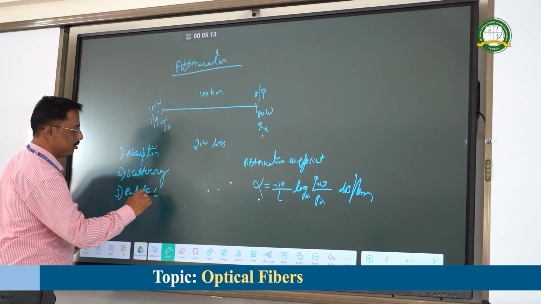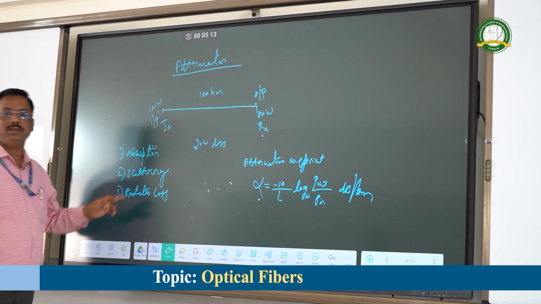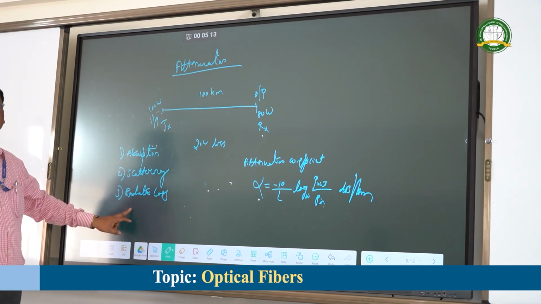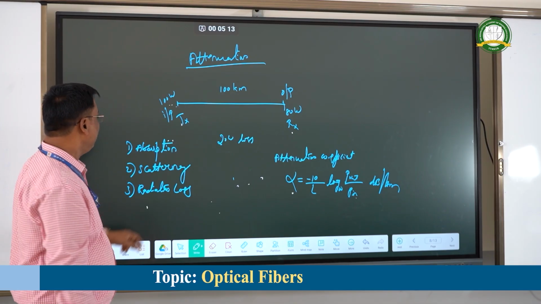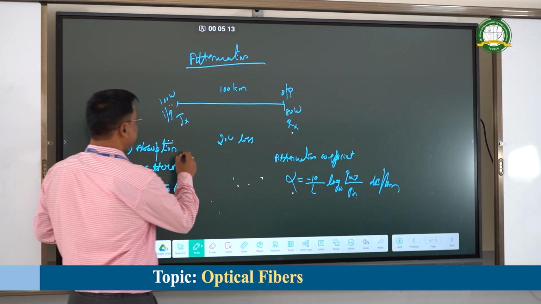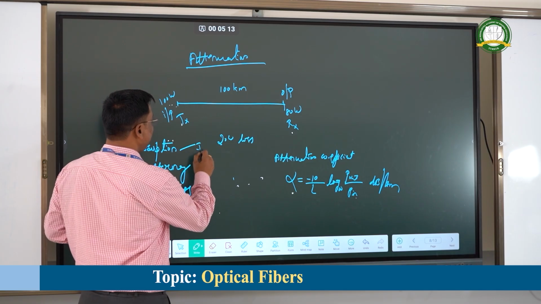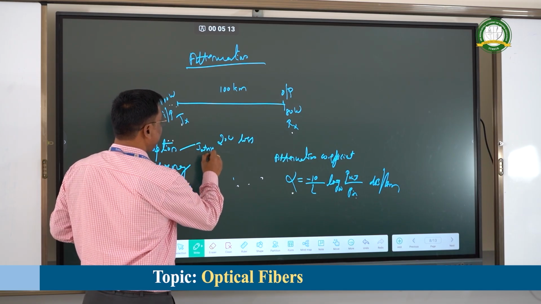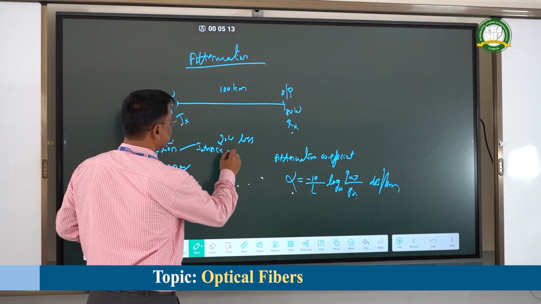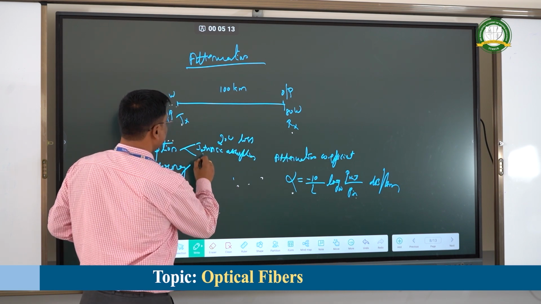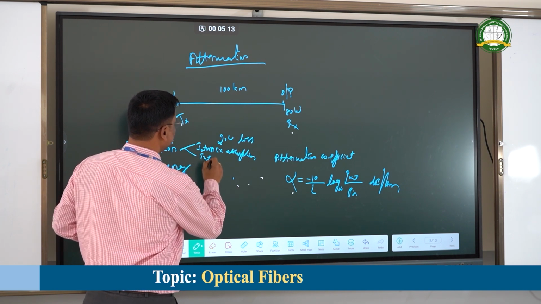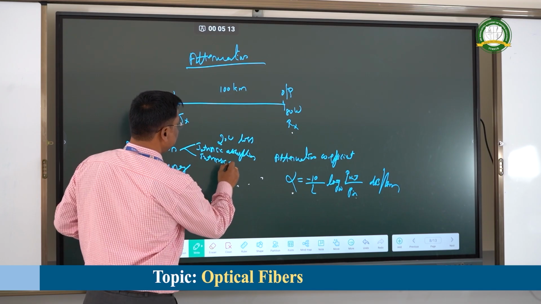These are the three reasons behind the loss of signal, meaning attenuation of the signal as it propagates along the optical fiber. Absorption again has two types: intrinsic absorption, and the second one is extrinsic absorption.